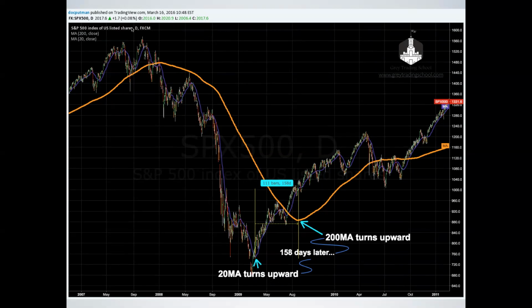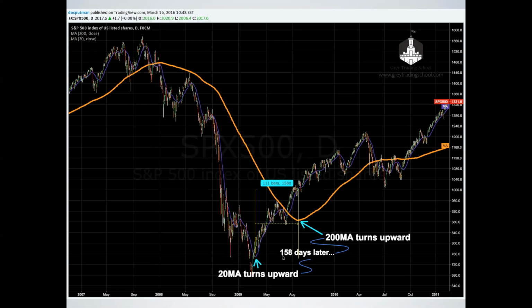So here we're looking at a daily chart for the S&P 500. You'll see that the 20 moving average turns upward right here. This isn't 2009, pardon me, so this isn't the real estate bust, but it starts to turn upward 158 days later, which is interesting.